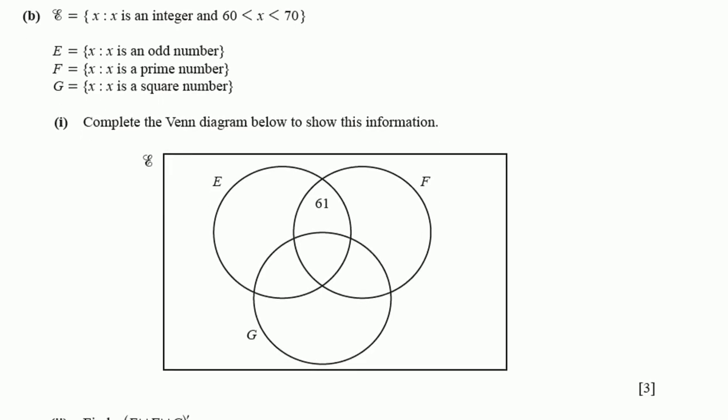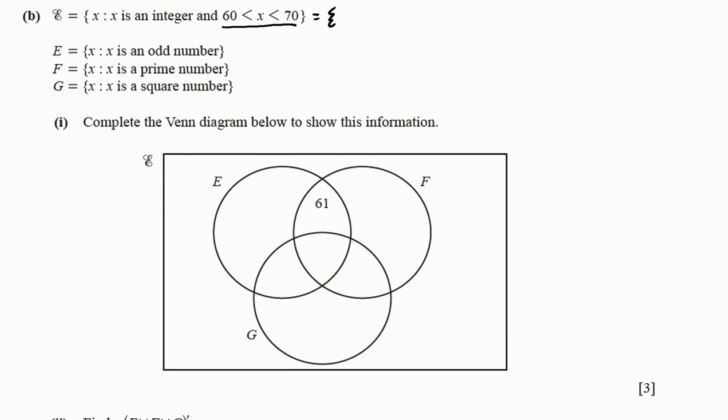So now we're getting towards the end of the worksheet. We've got another one where we have to complete a Venn diagram. Now my universal set is given in terms of a rule, so I'm going to want to make a list for that to start with. X is an integer, meaning whole number, between 60 and 70. Whenever we see inequalities arranged like this, we always think between.